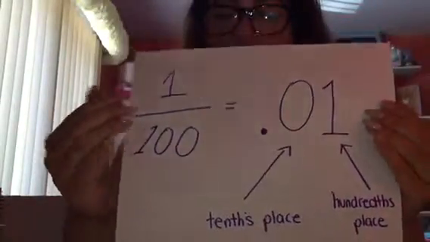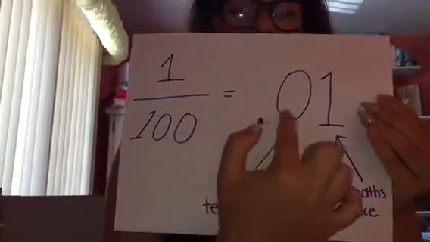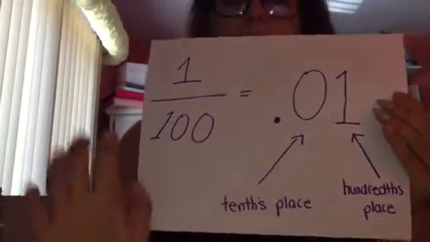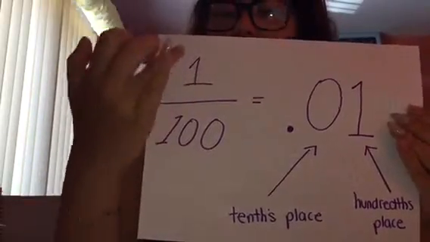Similarly, but not exactly the same, is 1 over 100 as a fraction. So here is 1 over 100. 1 over 100 is equal to 0.01. Imagine an imaginary 0 in front of this 1 right here.